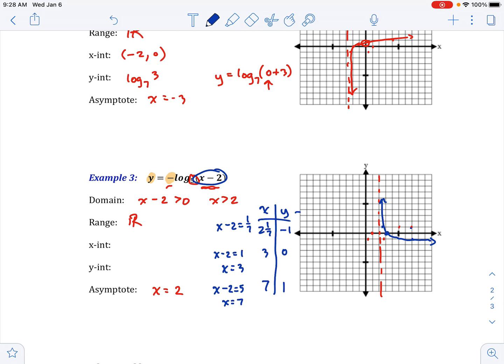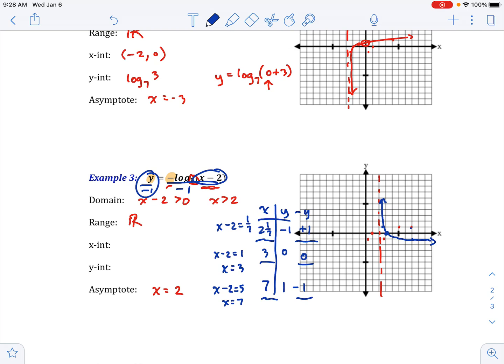Now, because I have a negative y value, why a negative y value? Well, if I divided everything by negative 1, I would have a negative y value. I have to change these to a positive 1, 0 stays 0, and then this becomes negative 1. So now I've got 7 comma negative 1, 3 comma 0, and 2 1/5 comma 1, if you want to use that idea of a chart.